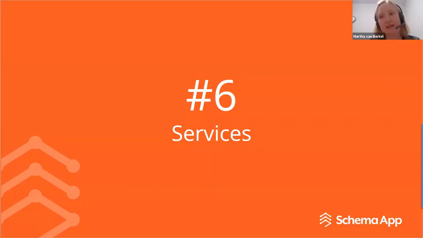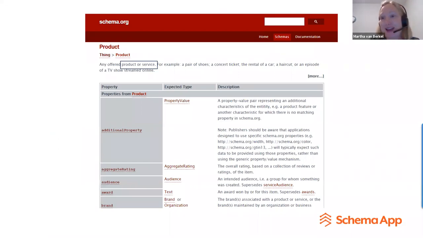Which leads me to services. There was a big change that we noticed just in the last month or so. When we went to look at the product description in schema.org, we noticed that it said any offered product or service. Now, prior to this time, if you had asked me or you'd gone to the Schema App website to look up how to do schema markup for a service, we would say, absolutely use the service schema markup type. But now we can do a multi-type entity.